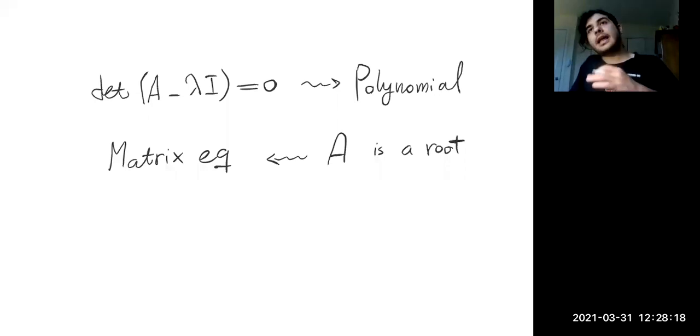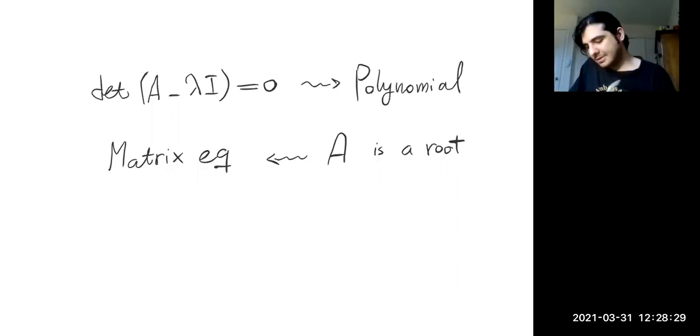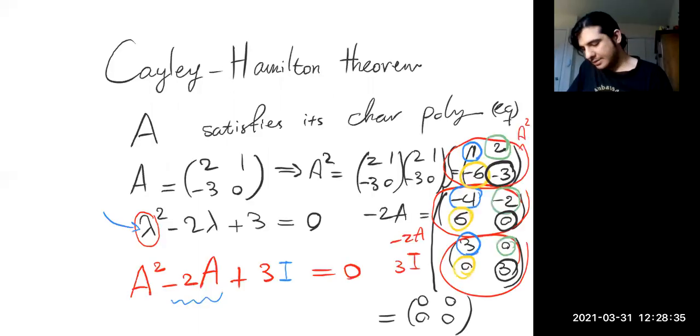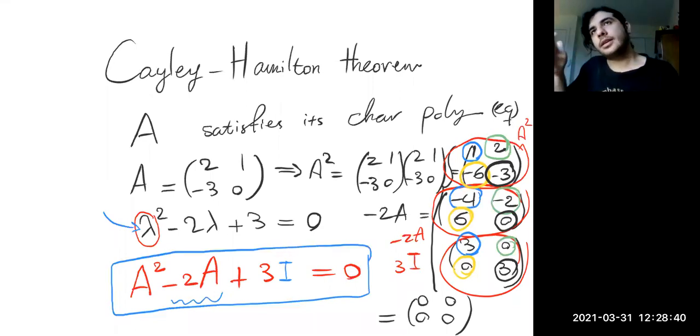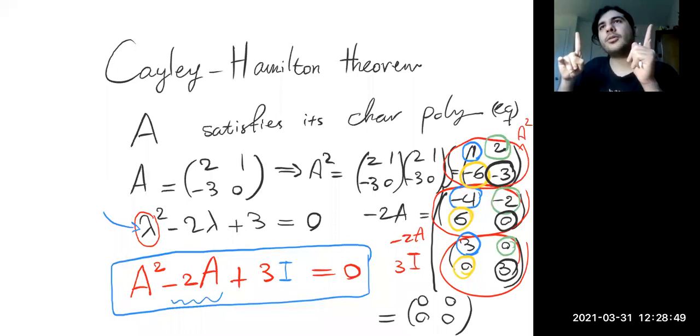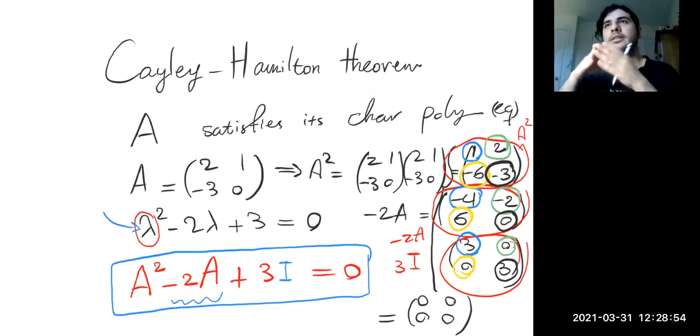If you find another polynomial which A satisfies, let's say someone else finds another equation which A satisfies, in the previous page we saw A satisfies this equation. The interesting thing is that among all these polynomials, there is one polynomial which A is a root of, and that polynomial divides every other polynomial.